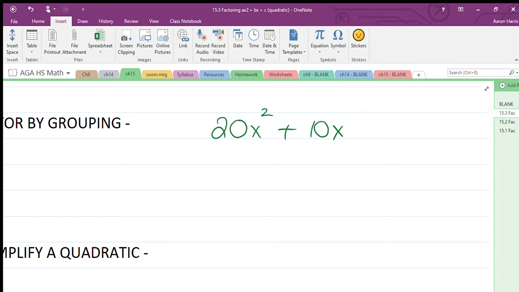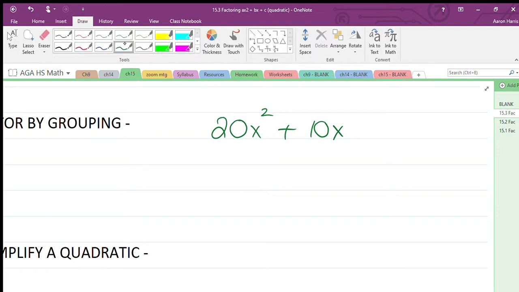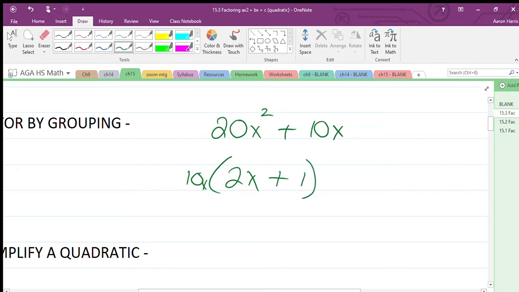I know that if I multiply this out, I can take a 10x out. I'm going to get a 2x plus 1. Then I'm going to put a minus 3 times 2x plus 1 there. So that makes sense to me right there.